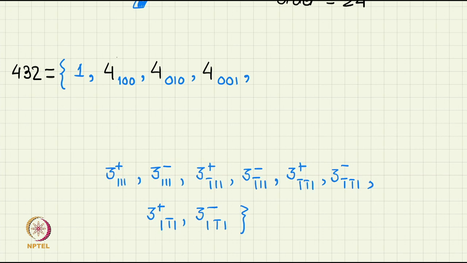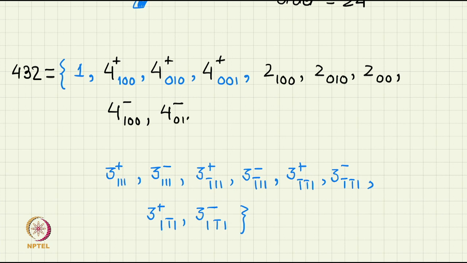So, a 4-fold rotation will be 4 plus about these axes, also 2 about these axes, 180-degree rotation. So, 2 1 0 0, 2 0 1 0 and 2 0 0 1, as well as 4 minus. So, 4 minus 1 0 0, 4 minus 0 1 0, 4 minus 0 0 1.